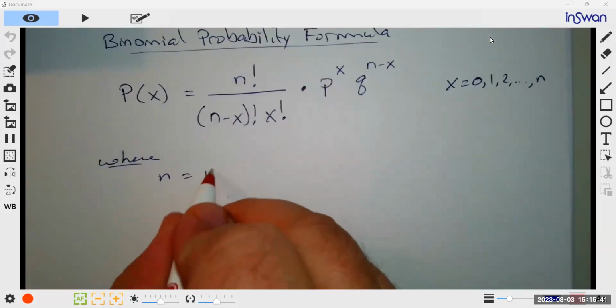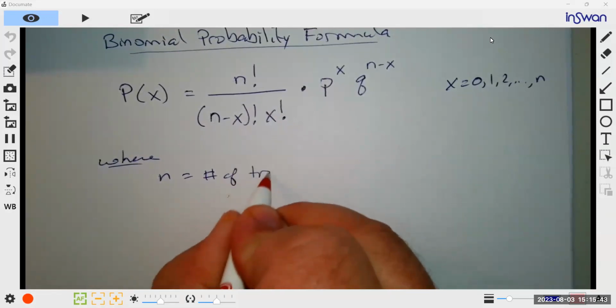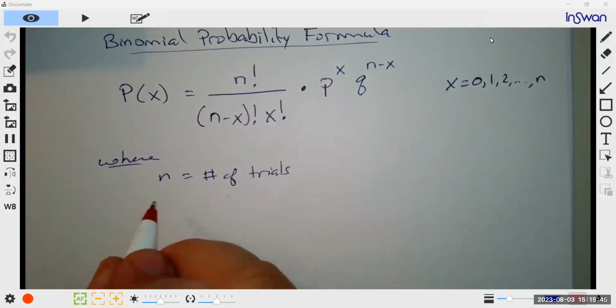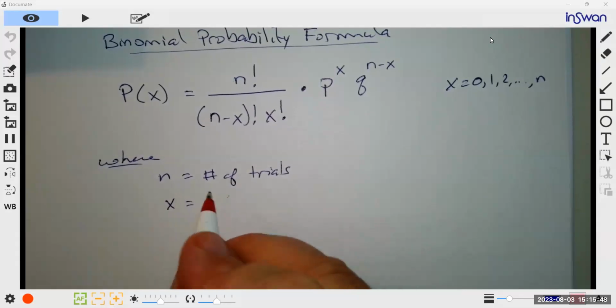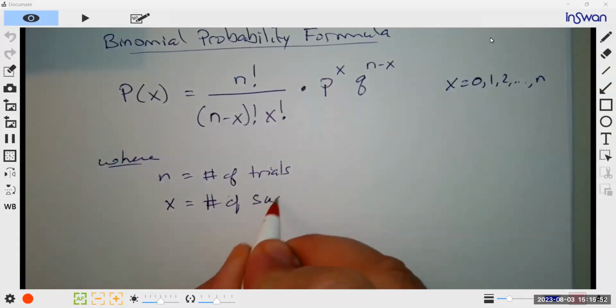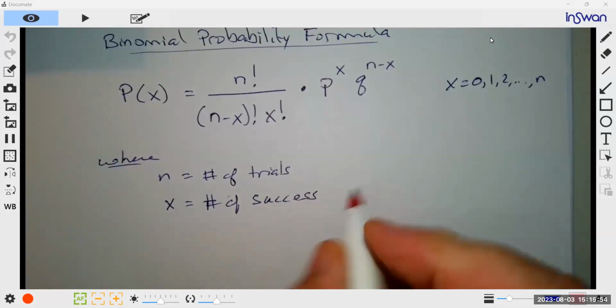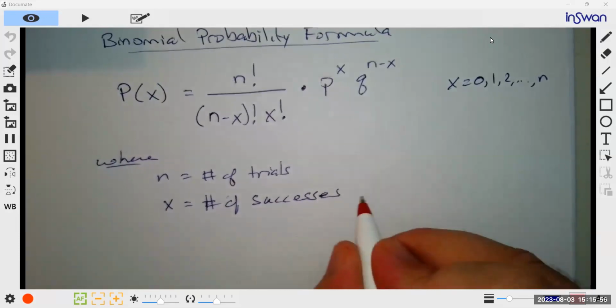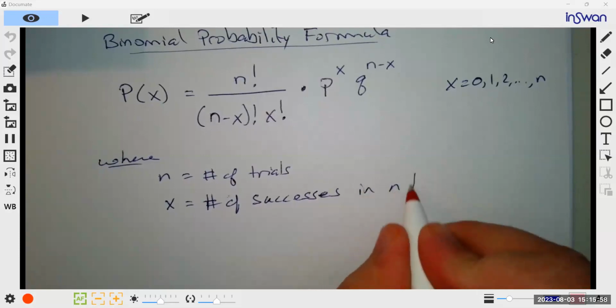Where n equals the number of trials, x equals the number of successes in n trials.